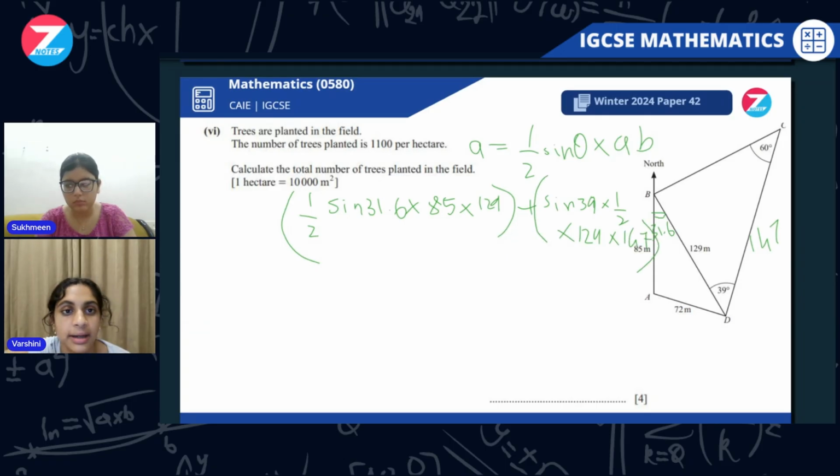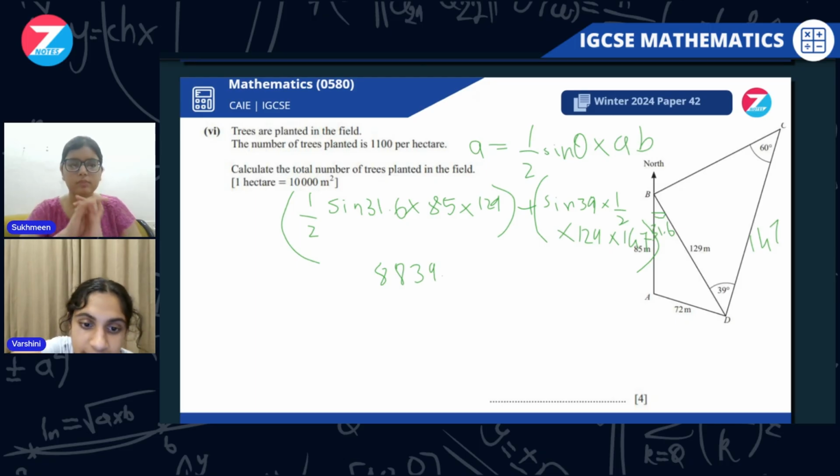So just put that straight in your calculator, and you'll get the total area as 8839.65 meters squared.